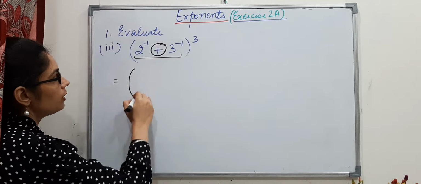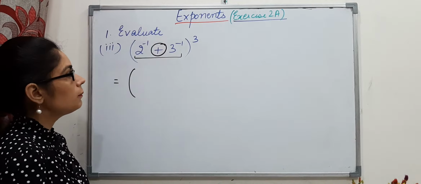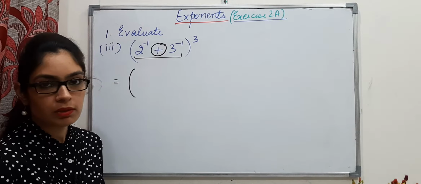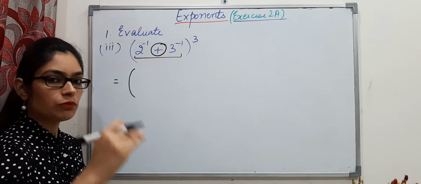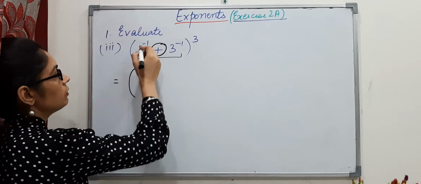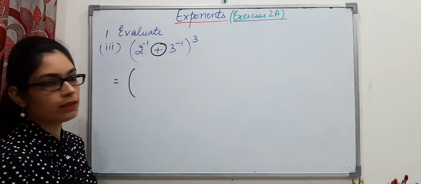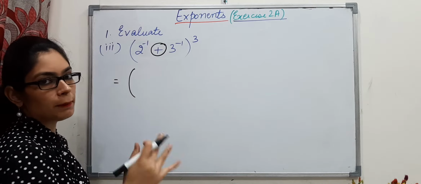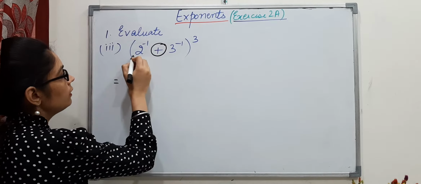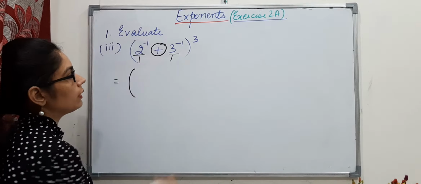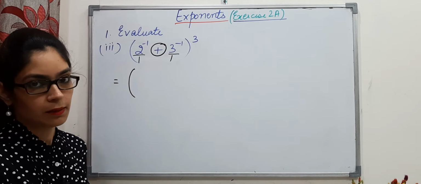What we can do here is, because addition with negative powers we cannot do, first we have to change the powers into positive. As I have told you, if a number is written in this form, simple number 2, 3, 4, anything, then you can write its denominator as 1 and change it into a fraction.